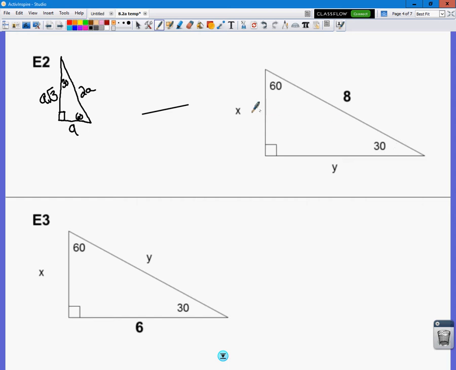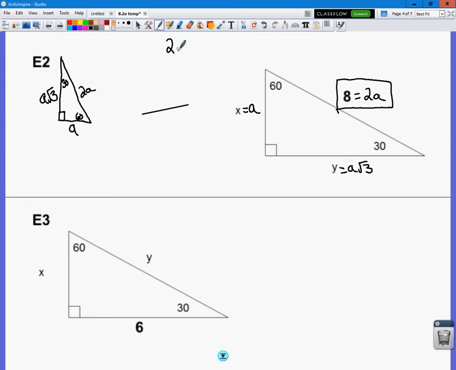So across from the 30, I'm going to put a. So x right now is equal to a. Across from the 60 is going to be a square root of 3. So y is a square root of 3. Across from the 90 is going to be 2a. And you can see that it's written in algebraic equation for us.